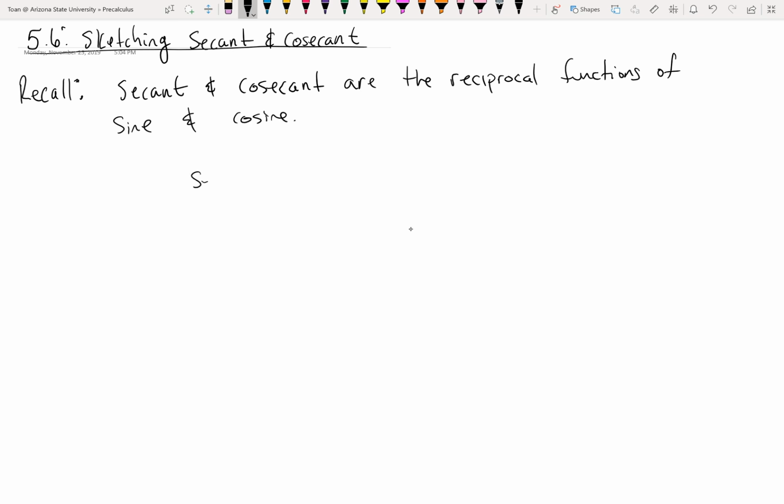Specifically, secant is defined as 1 over cosine, and cosecant is defined as 1 over sine. So just like tangent was defined as a rational function, so are secant and cosecant.